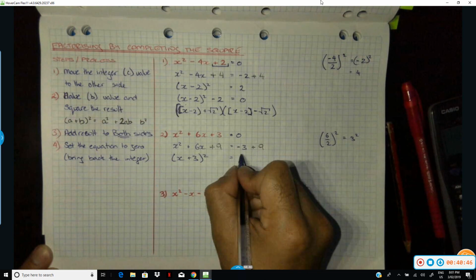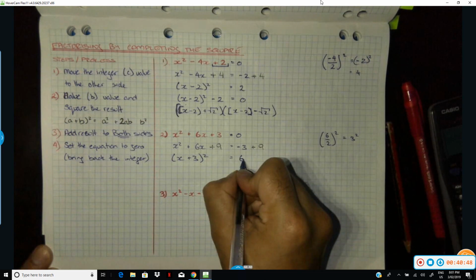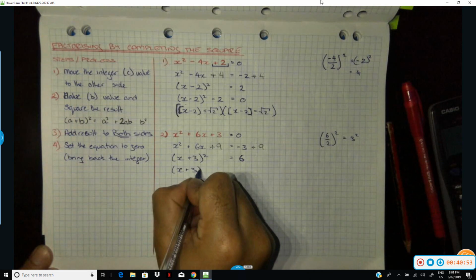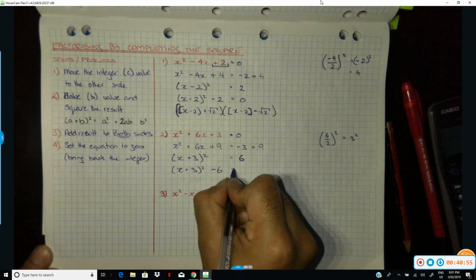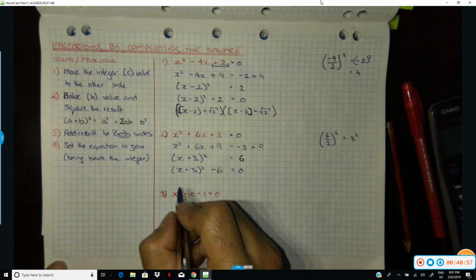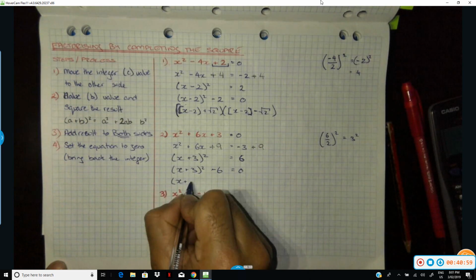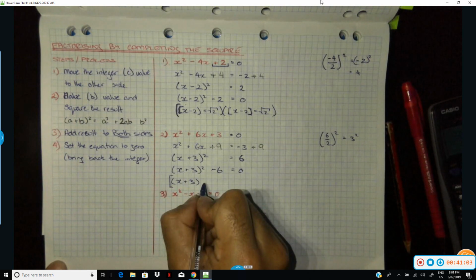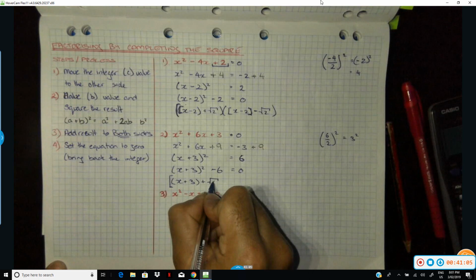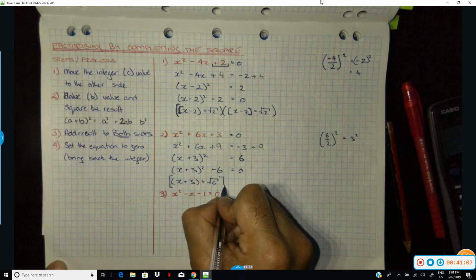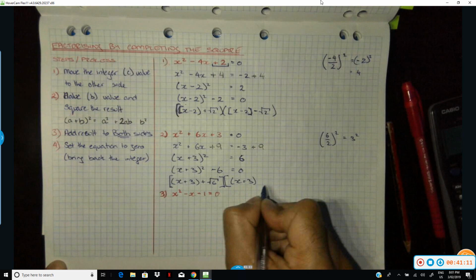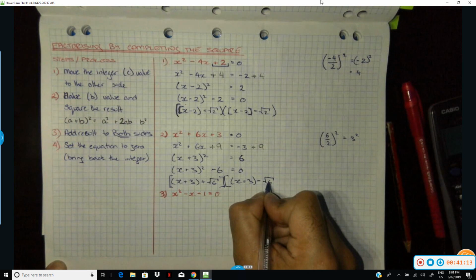And that's going to be minus 3 plus 9 is 6. I'm going to bring it back: x plus 3 all squared minus 6. Difference of 2 squares. x plus 3, if I do it in big brackets, plus square root 6, and x plus 3 minus square root 6.